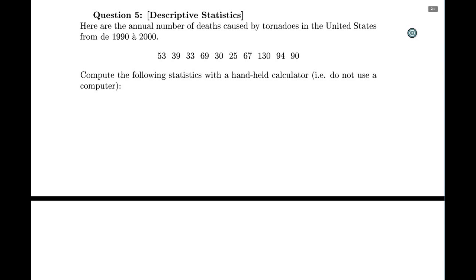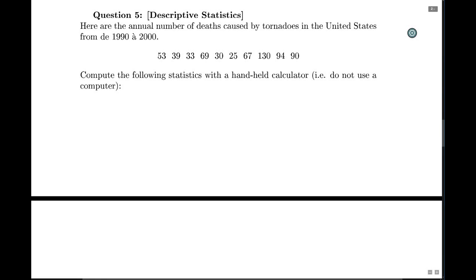this variable. And so the first thing that we'll do is we'll compute two sums, and so we'll add up the values for this random variable. So here we have 53 plus 39 plus 33 and so on right up to the last value, which is 90, and the total here is going to be 630.